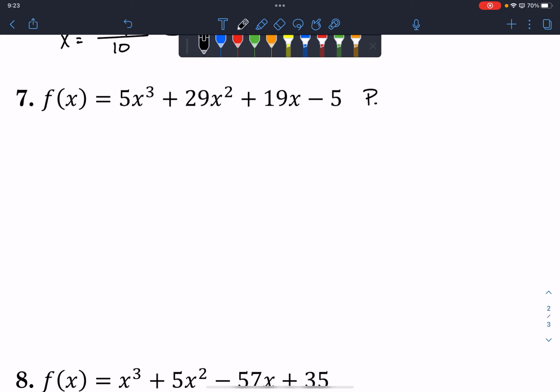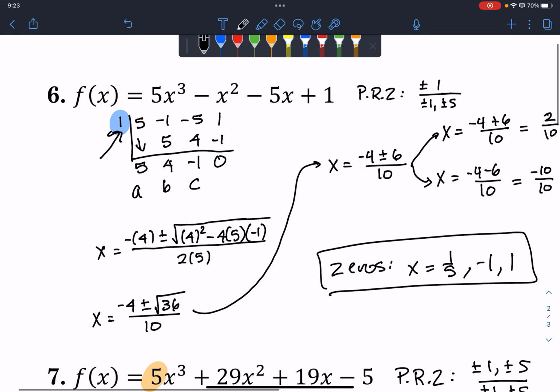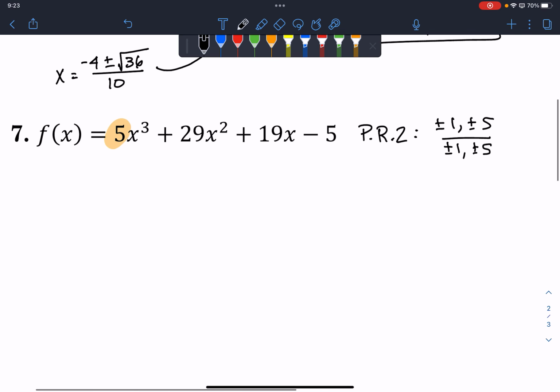The list of possible rational zeros: the factors of 5 divided by the factors of this 5, which again are 1 and 5. So let's start with negative 1.